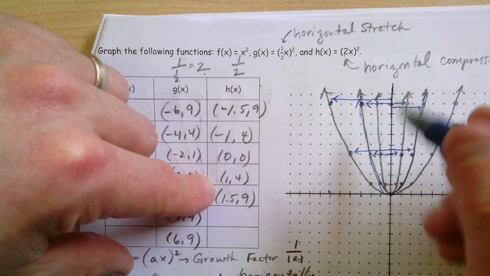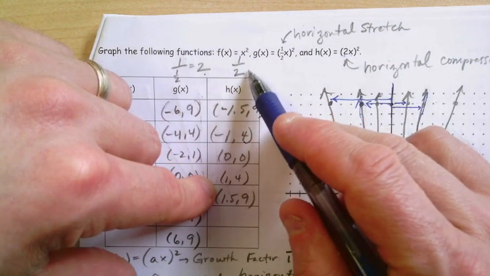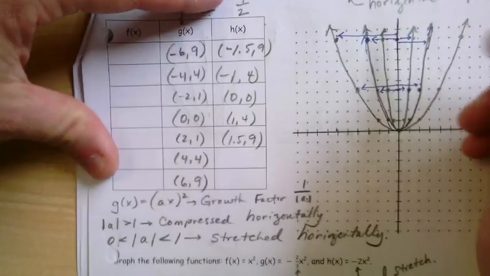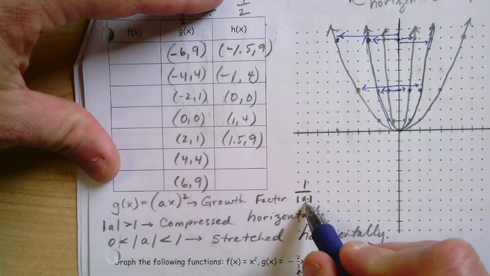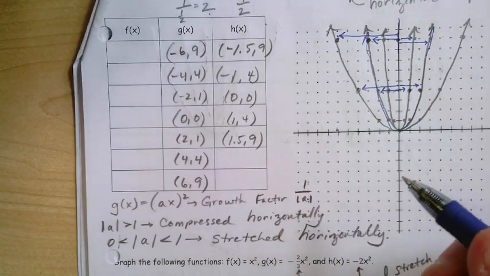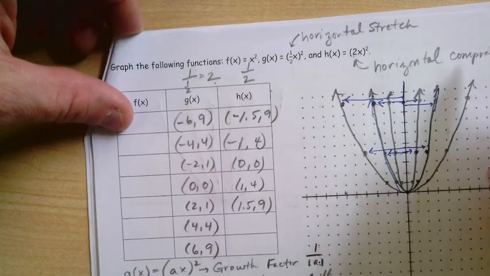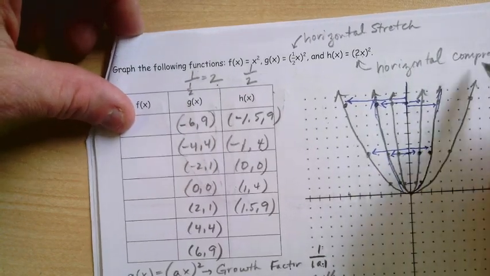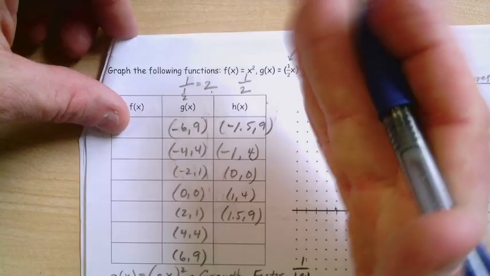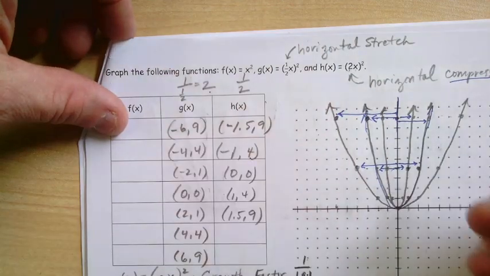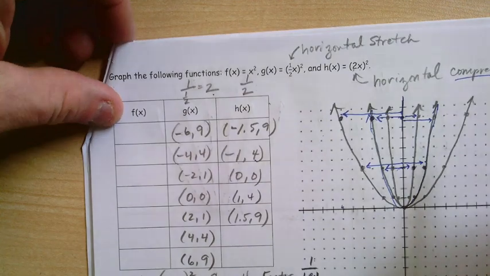And so as a result, the growth factor is 1/2. Notice here, just like we did down here, if I plug in the a value, 1 over 2 gives you the 1/2. Okay. So instead of stretching it horizontally, we're actually compressing. We're bringing it in to the axis of symmetry. We're compressing it. Okay.